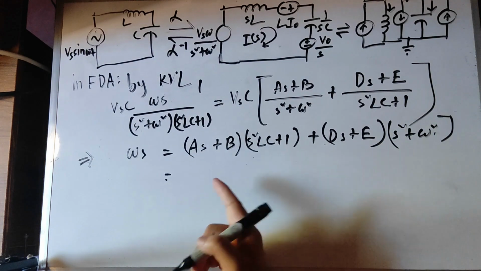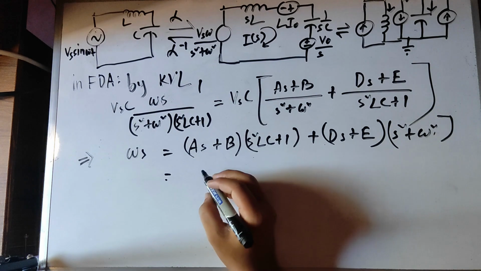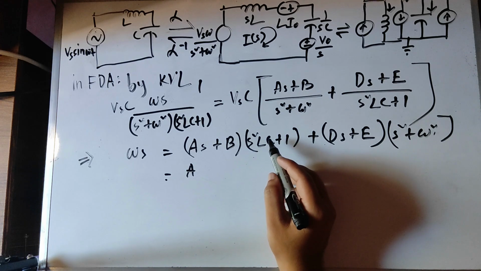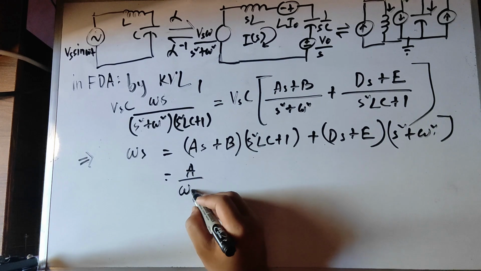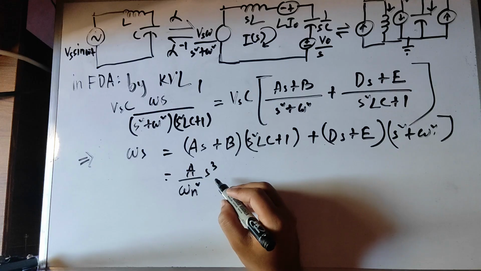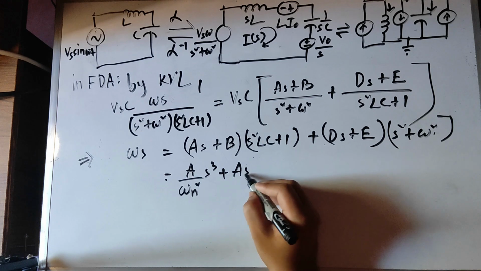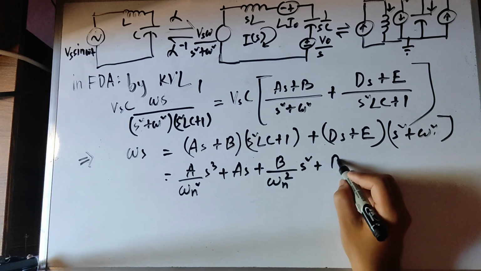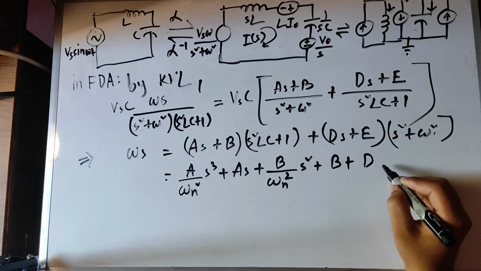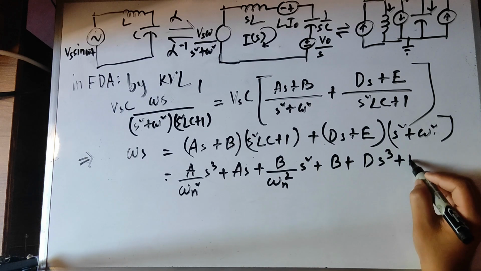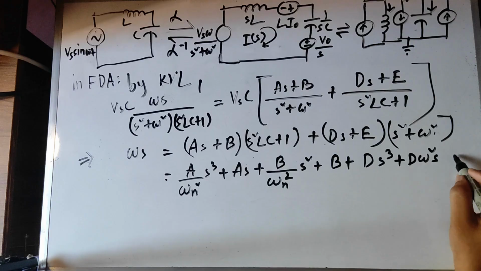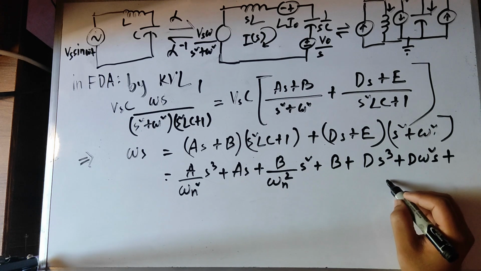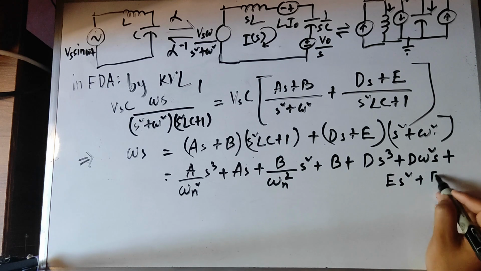Now if we multiply these terms, say LC is 1 by omega n square, we get A/omega n square S cube + AS + B/omega n square S square + B + D S cube + D omega square S + E S squared + E omega squared.